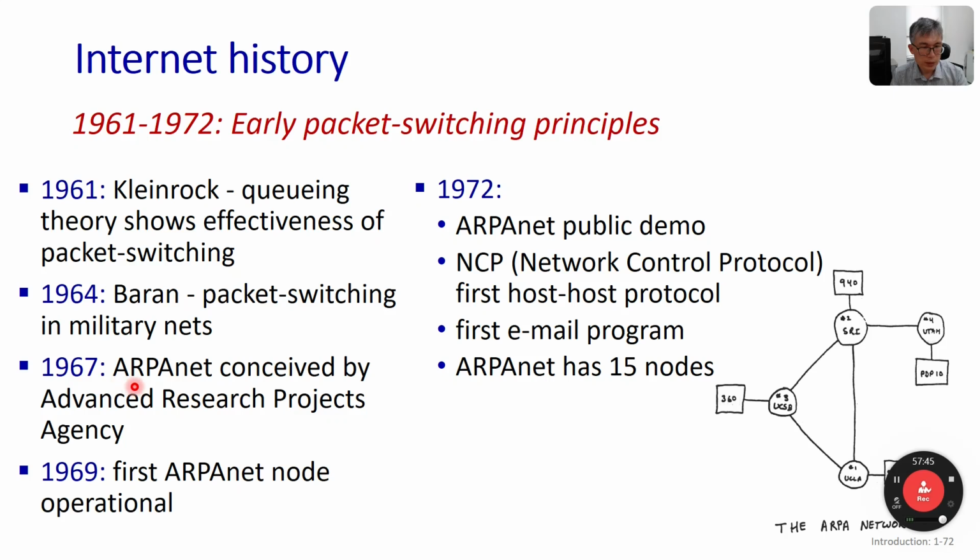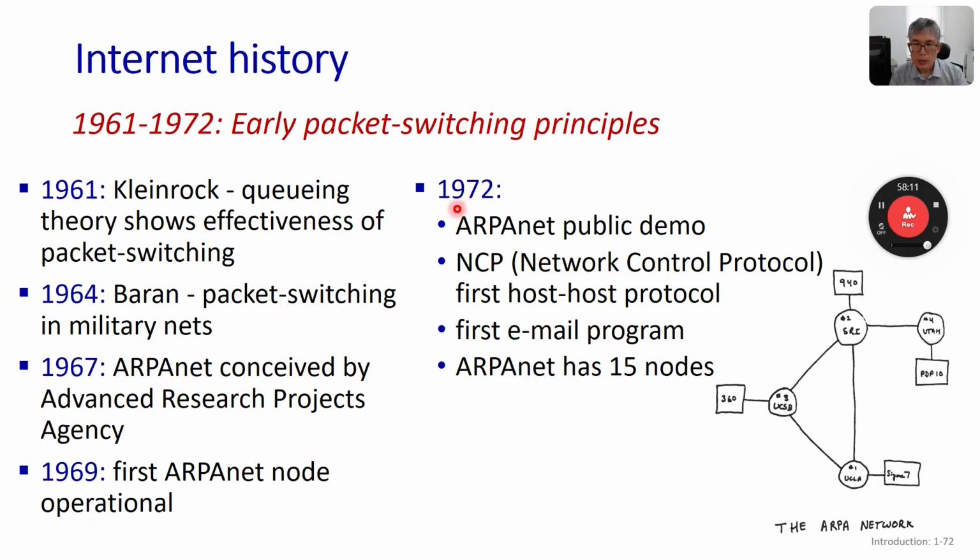And then in 1967, ARPANET. This is the military network ARPANET, conceived by the Advanced Research Projects Agency. In 1969, the first ARPANET node. The first ARPANET network interconnected UC Santa Barbara, UCLA, and Utah, the University of Utah.